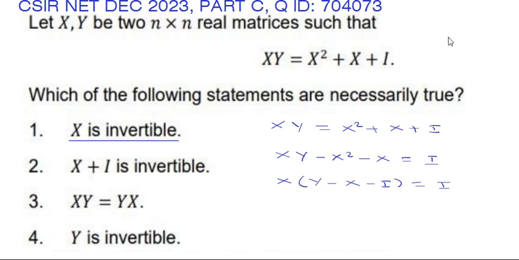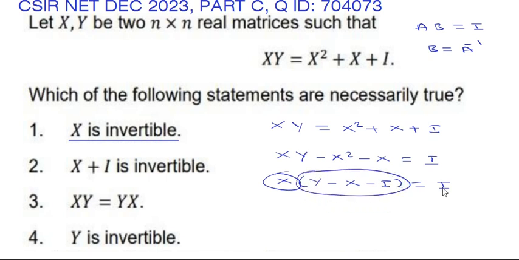If we want to say the matrix A is invertible, there exists a matrix B such that A into B equal to I. Then we call B the inverse of A, so B is equal to A inverse. So here we have matrix X and this is another matrix.